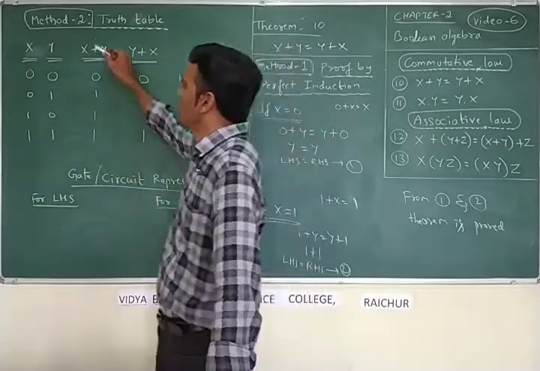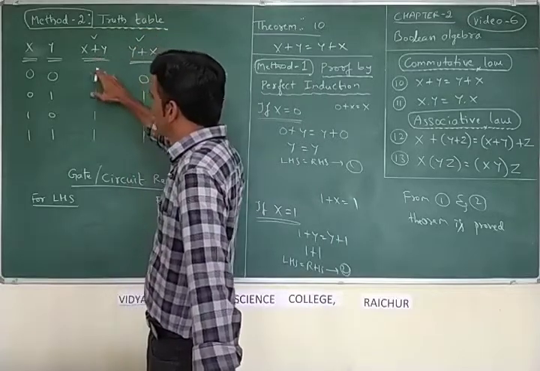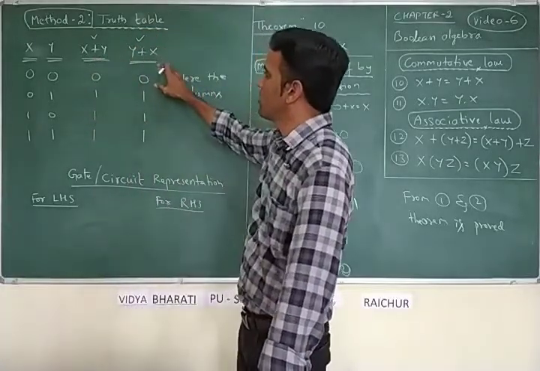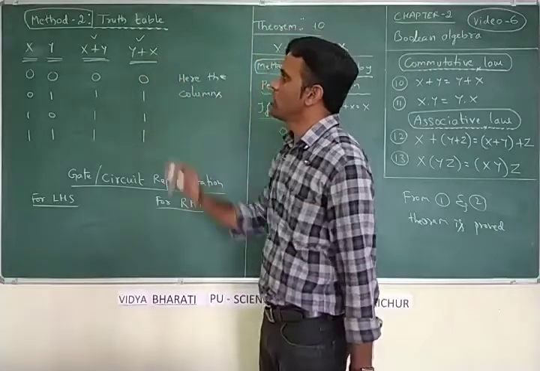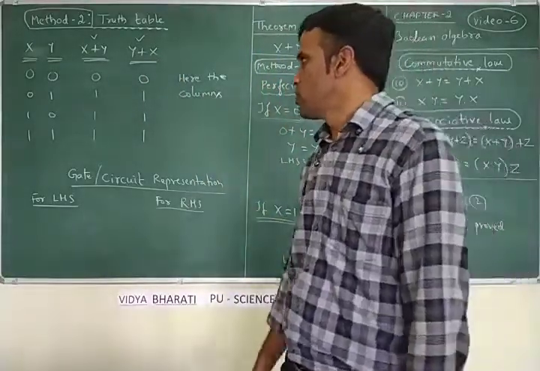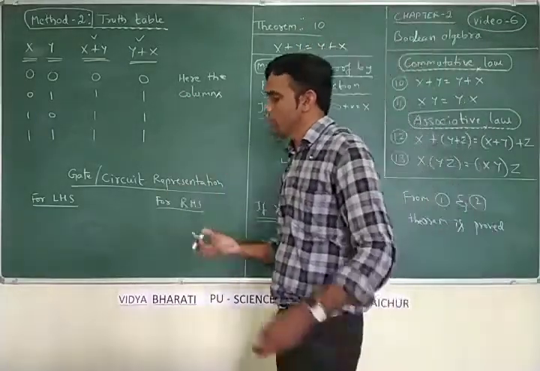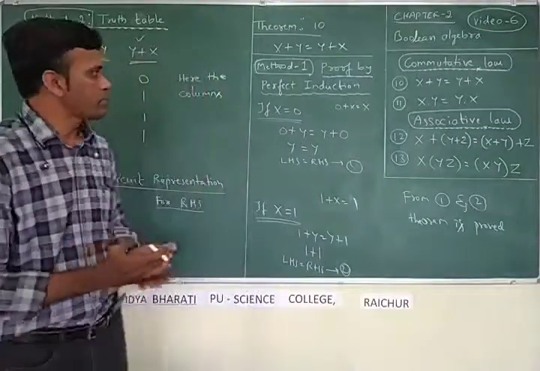So these two columns are required for us now. So x plus y column 0 triple 1, y plus x column 0 triple 1. So both the columns are identical, or you can say both are same.